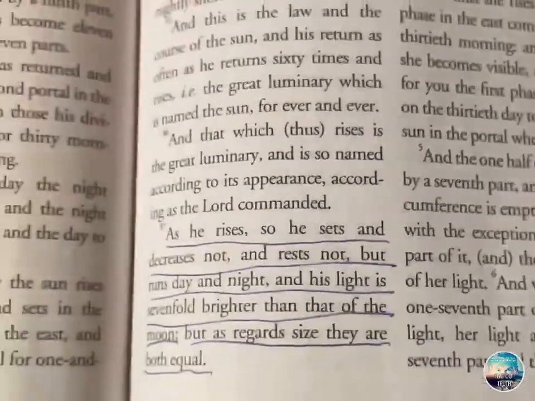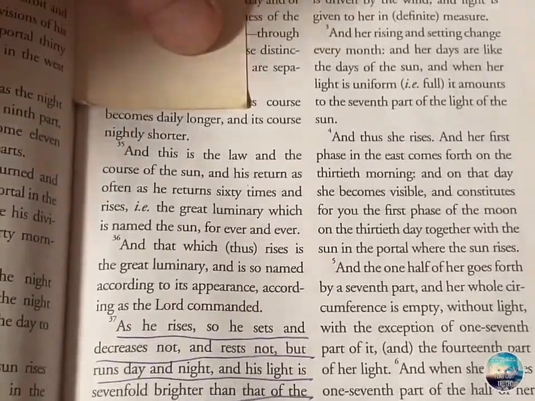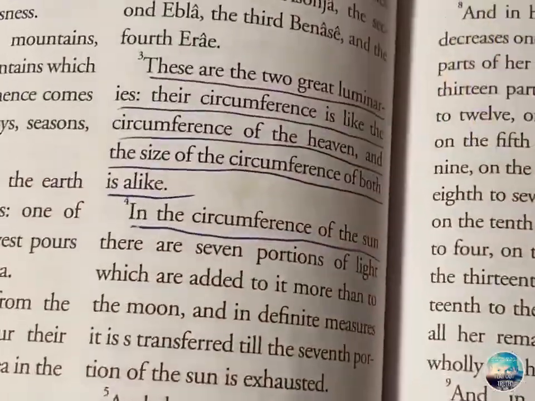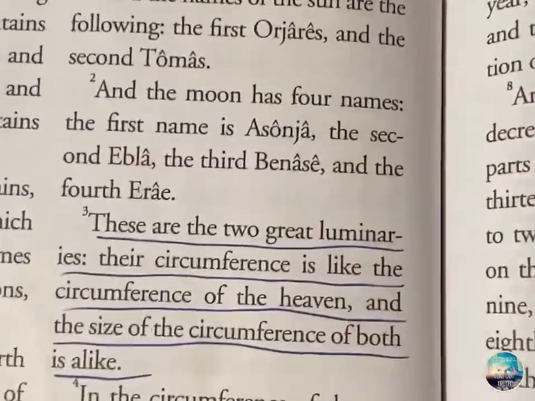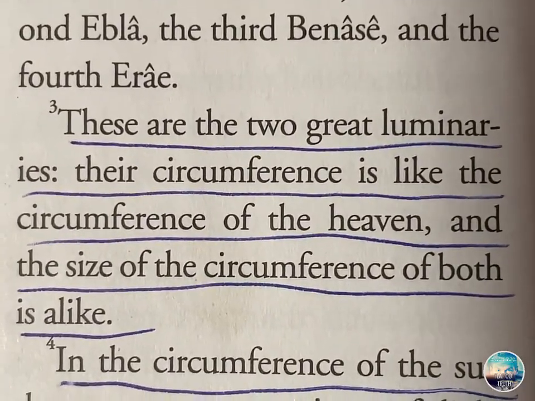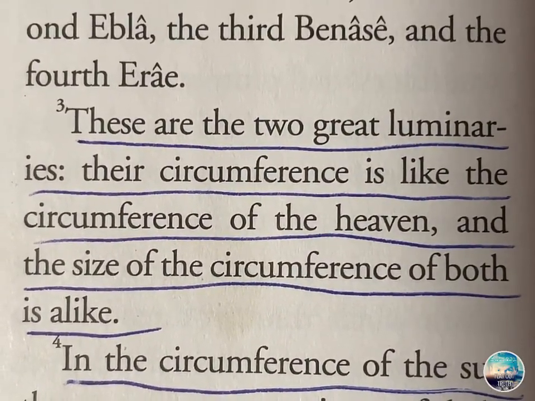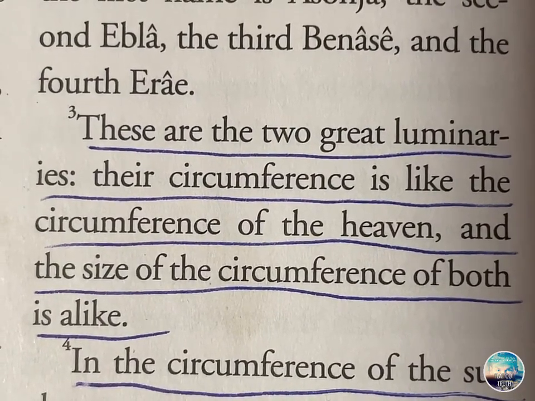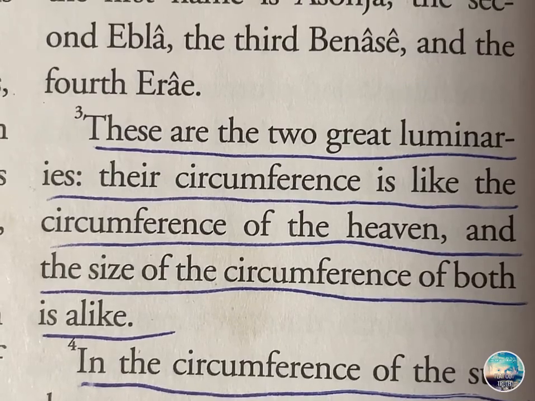Now let's flip over here to chapter 78. "These are the two great luminaries. Their circumference is like the circumference of the heaven, and the size of the circumference of both is alike." Imagine that.